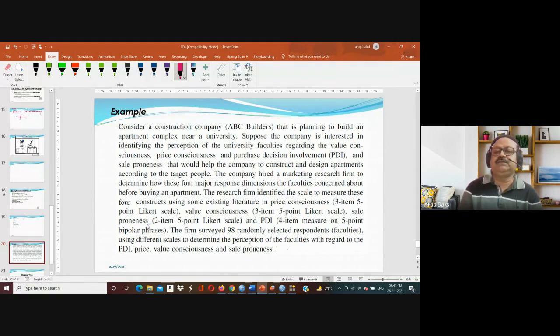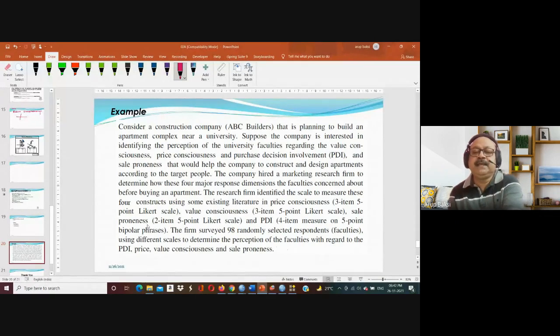So how do these 4 factors influence, or how are the faculties actually considering these 4 factors for buying an apartment? So the research firm identified the scale to measure these 4 constructs using some existing literature.